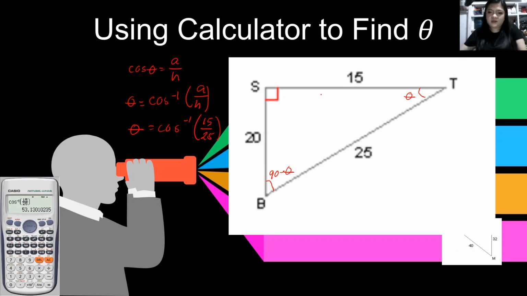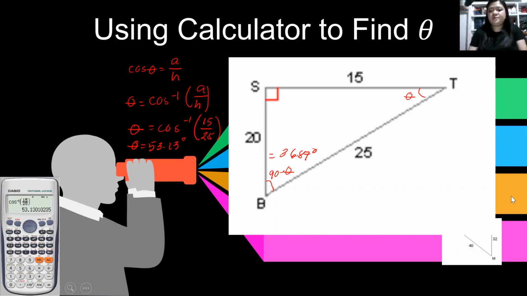So theta here is 53.13. Similarly, our other angle, which is 90 minus theta, will be 36.87, as they are all equal.